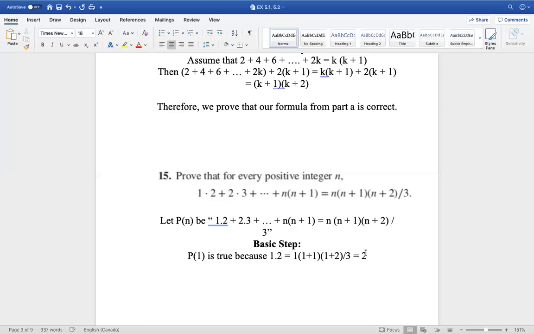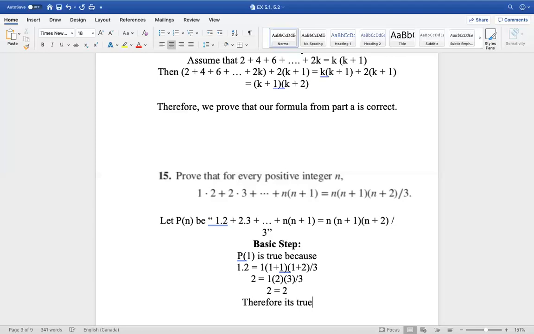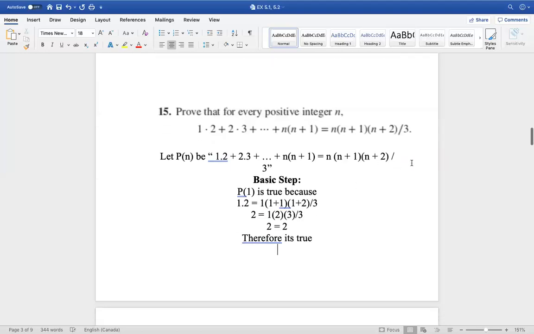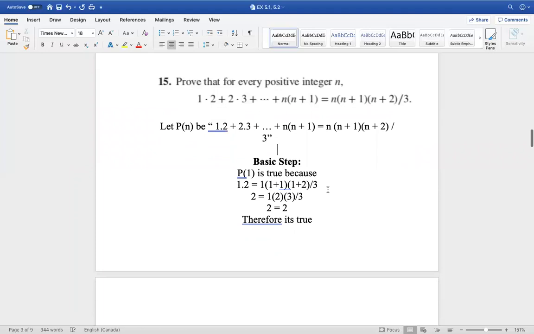So if we simplify this, 1.2 equals 2, and the right side is 1 into 2 into 3 divided by 3. So 2 equals 2. Therefore it's true. We know that our basic step is true.